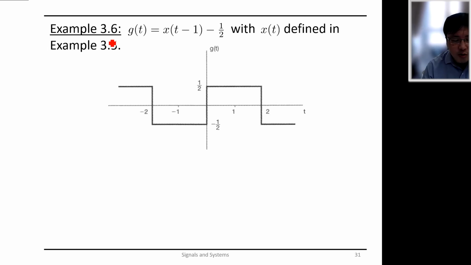So here in example 3.6, we're hoping to find a Fourier series representation of g of t that is equal to x of t minus 1 plus 1/2, where x of t is defined in example 3.5.